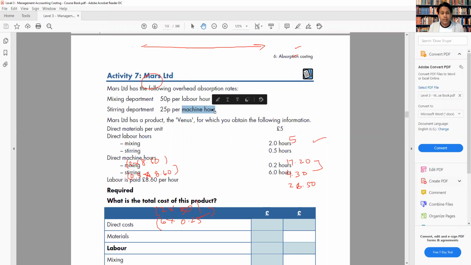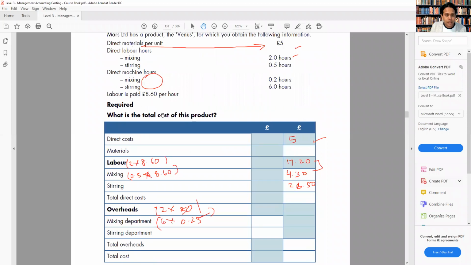So be very careful in the exam. If you do it quick, you might make a mistake. You might follow the sequence, but the question will tell you how we allocate the overheads. So the overhead absorption rate for the mixing department is based on the labor hour. So how many labor hours do we need? We need labor hours 2 hours, isn't it?